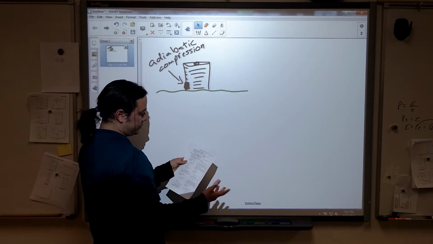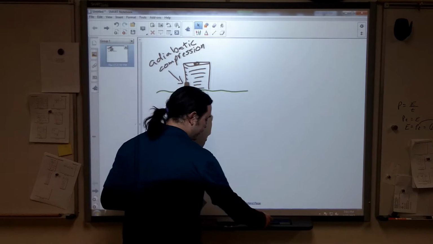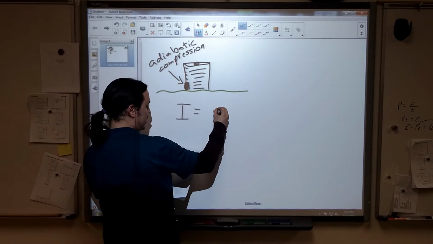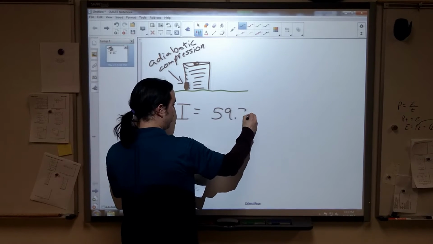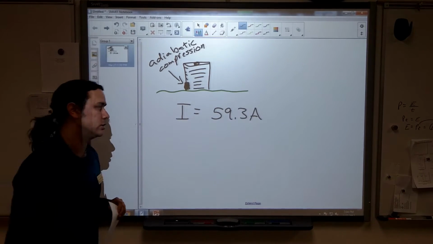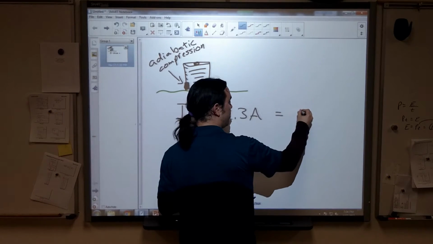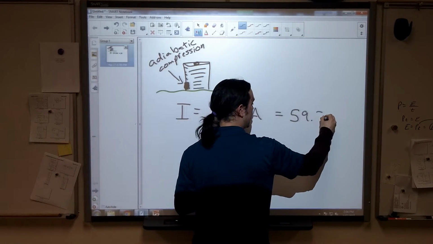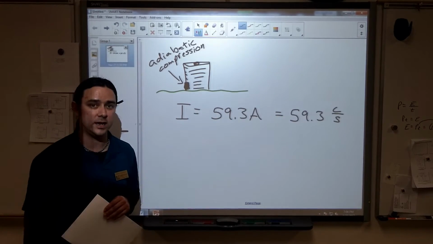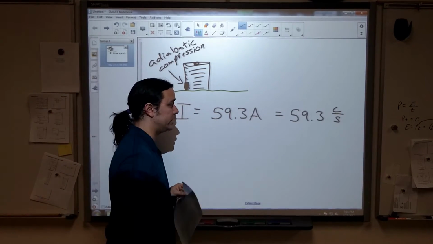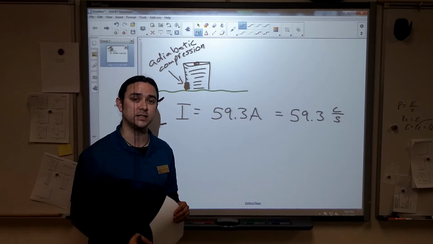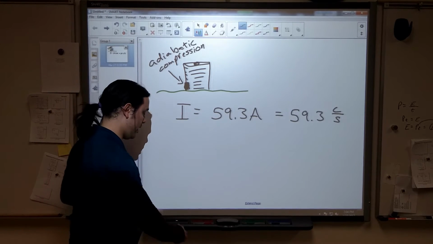You can also look at this and simply say, okay, they're words. We've got an object, a circuit, that is pulling a current of 59.3 amp. Now here's where I'm going to bring in some of the stuff that we've talked about in class. It's worth remembering that an amp is actually a coulomb per second. The SI unit is amp, but it's a lot like the newton. We have a name for it, but it still breaks down into a kilogram meter per second squared.